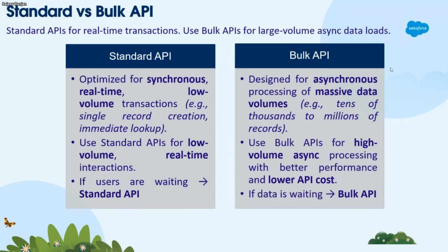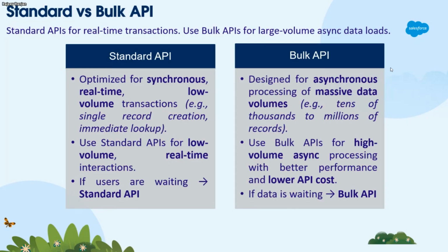But suppose we have to handle a large volume of data, massive data, in the thousands or millions, and we don't have to wait. Suppose we have to sync data from one system to another, and after synchronization our business is going to start.